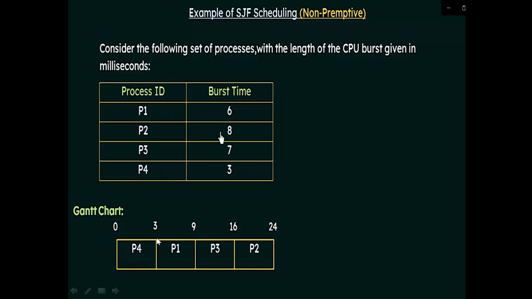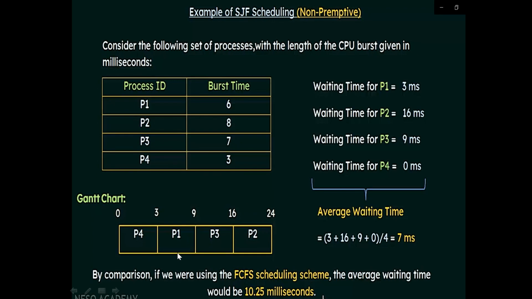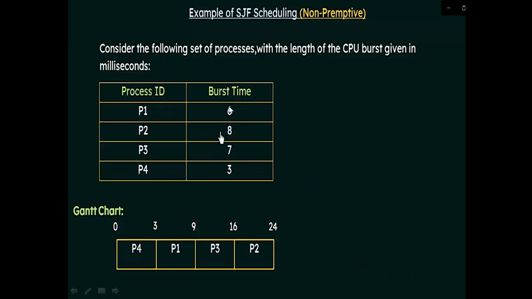So at the third unit of time, the CPU is allotted to process P1. As you can see, the burst time of process P1 is 6 units of time. So the CPU is allotted to P1 for further 6 units of time.